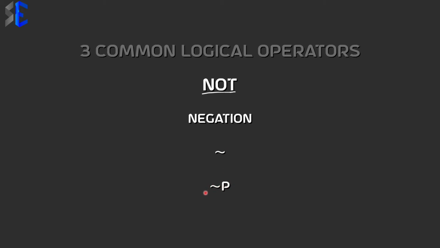So you just read this as not P. So let's say that P is equal to Bob is 32. So what this is saying is that Bob is not 32. All you're doing is adding a not in there.